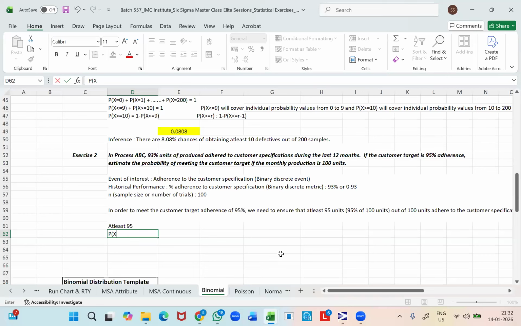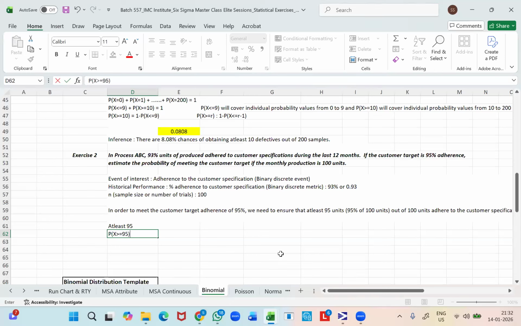At least 95 means minimum 95 units, right? So minimum 95 units means it will be 95 and above, correct? So 95 and above is what we need to find. Greater than or equal to. So even if you achieve 95, it's fine. You'll be able to meet the target. So 95 and above means you'll be meeting the customer target. So X is greater than or equal to 95.